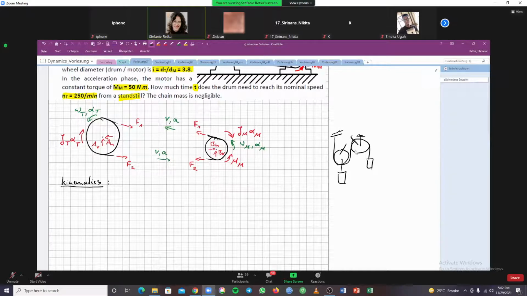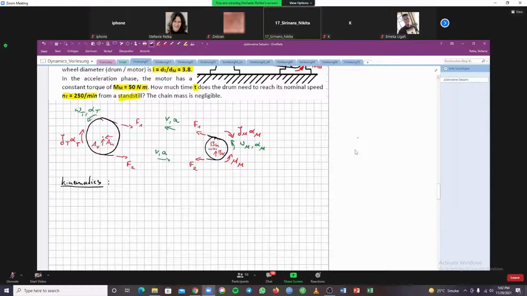And only when the masses of the pulleys, of the wheels, or whatever, drum and a motor in this case, are 0, then the tensions are of same size on left and right side of the system. In this case, F1 and F2. Only if the pulleys or wheels or whatever are massless. When they do have a mass, the tension is different. They are not of same size anymore. That's really important to remember.